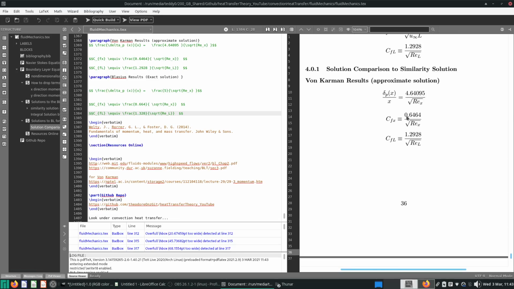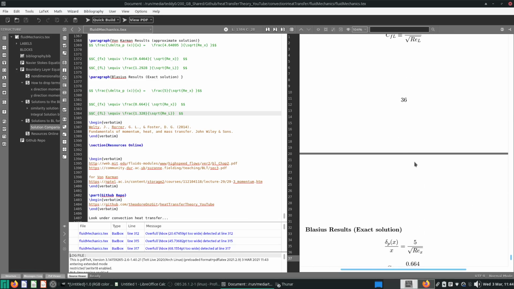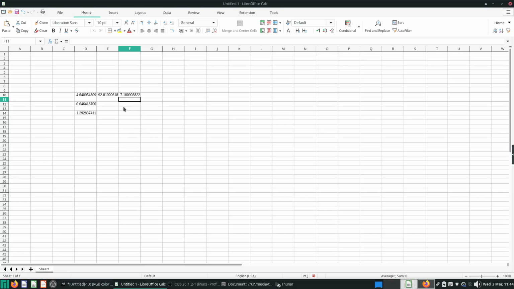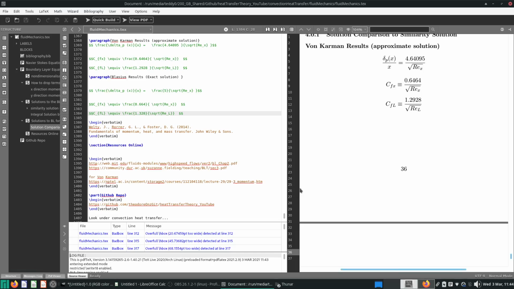Okay, this skin friction coefficient is 0.664. Subtract this, and you're about 3% off.